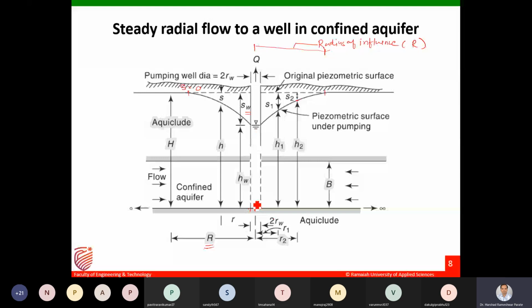So if you don't have the borewell data in between, I know my radius of influence, and with that also I can calculate my discharge. In that case, the same equation gets reduced to this particular form.